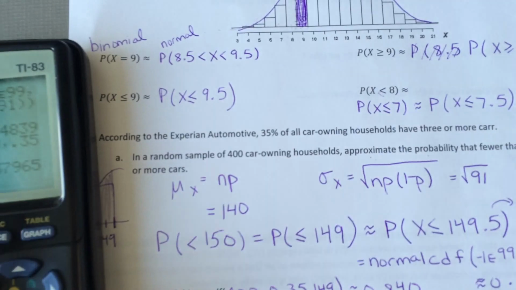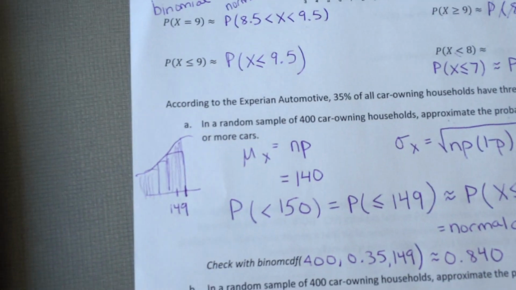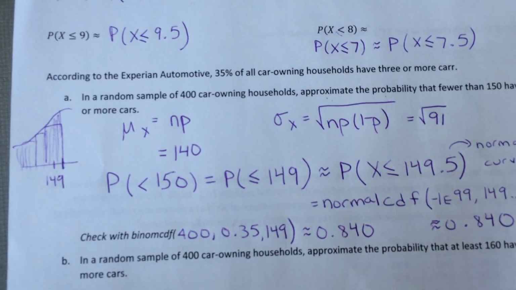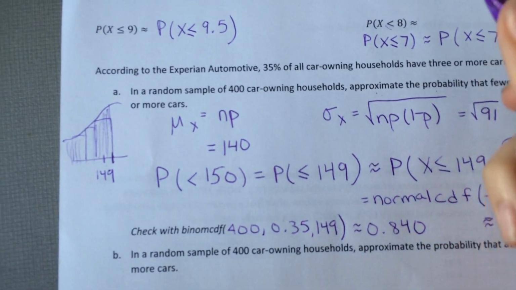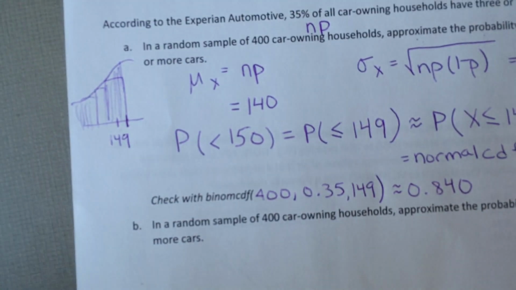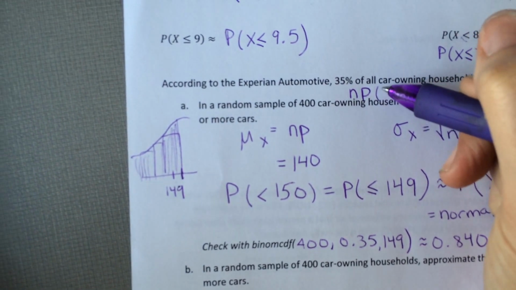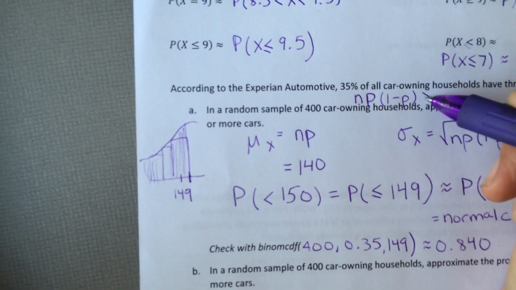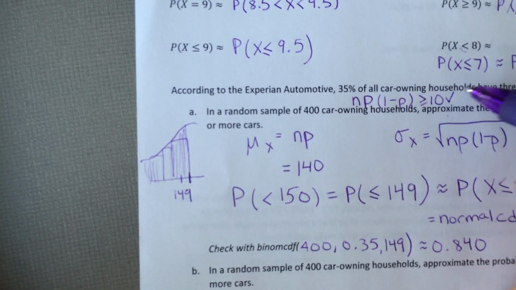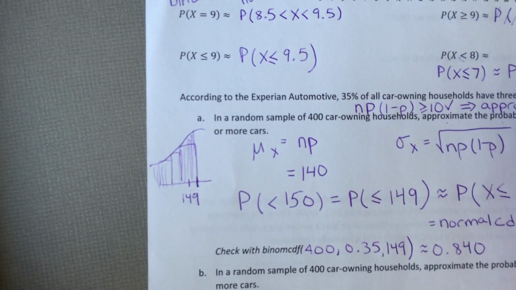I want to note, before I say goodbye, that we did this particular example in another lecture, and it was determined that np times 1 minus p was already greater than or equal to 10, which meant that it was approximately bell-shaped.